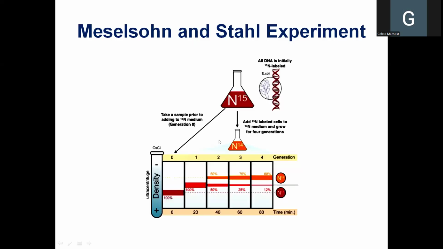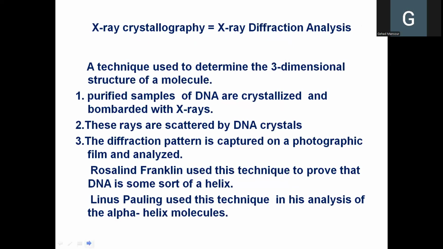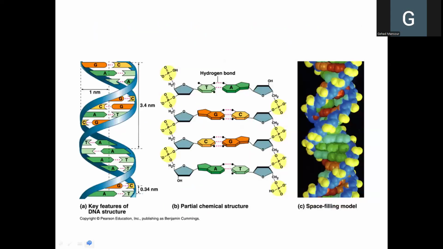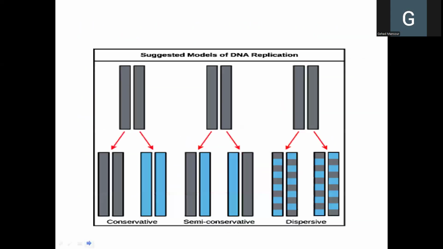The importance of the experiment of Meselson and Stahl is to prove that the replication of DNA is semi-conservative replication. Because there were many theories about the suggested models of DNA replication: the semi-conservative replication, of course, which is the result of the experiment, conservative replication, and dispersive replication.